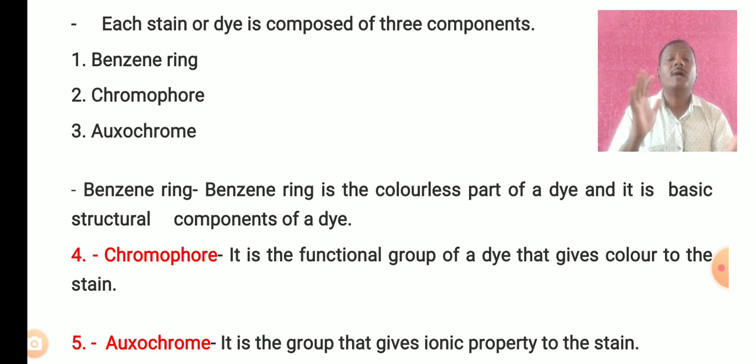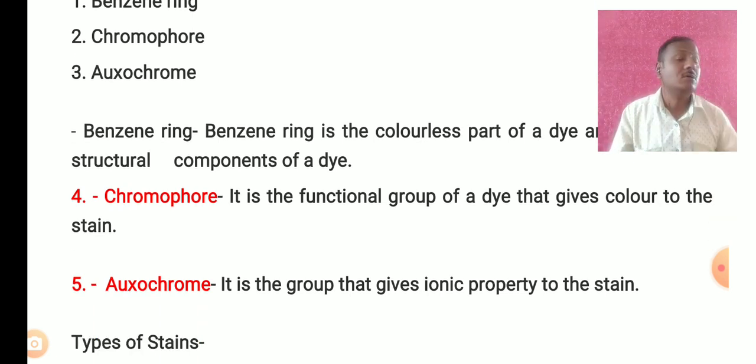So what is meant by chromophore group? The chromophore group is the functional group of the dye that gives color to the stain. It is very important because whatever parts of the microorganisms are colored, they are colored due to the chromophore group, because it fixes the color to the microorganisms.